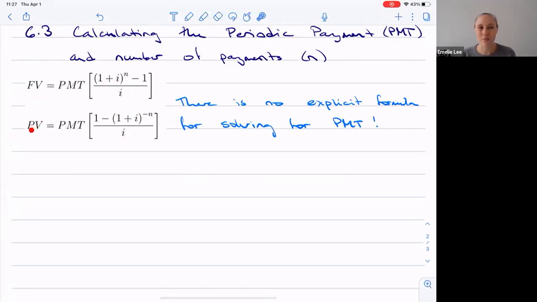Is this some loan amount that I'm about to be paying off, or is this some amount that I'm trying to save up towards, right? So depending on if you know the future value or the present value, that's going to determine which of these formulas to use, and then you can just rearrange and solve for the PMT, right?